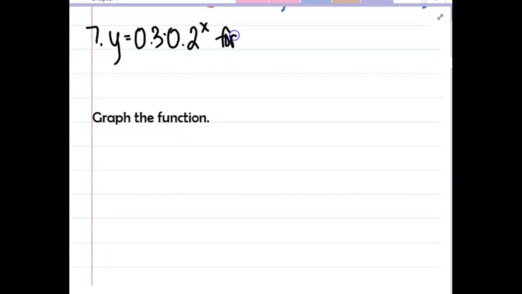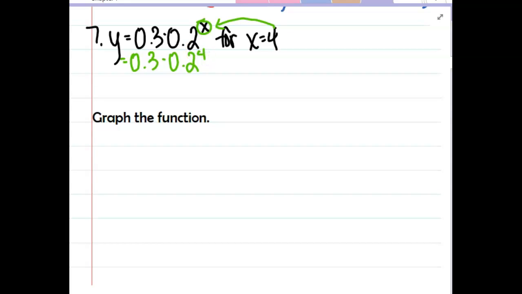And we want to evaluate for x equals 4. So just like the last one, just not in function notation, you're going to plug a 4 in for x. So we're going to take 0.3 times 0.2 to the, and we're going to plug in 4 for x.